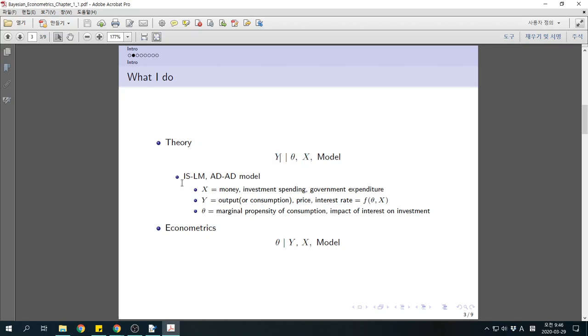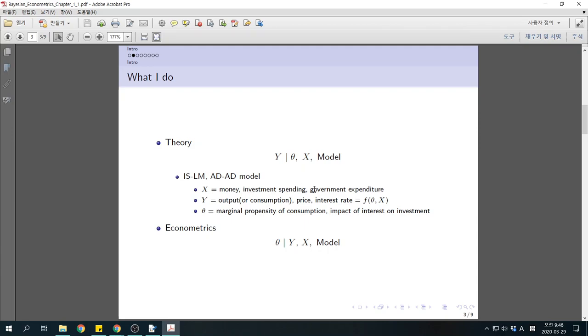For example, you have learned the IS-LM AD-AS model, right? In this model, what are the exogenous variables? The first one is money. And investment spending, which is independent of the income and interest rate, so this is the autonomous investment spending.